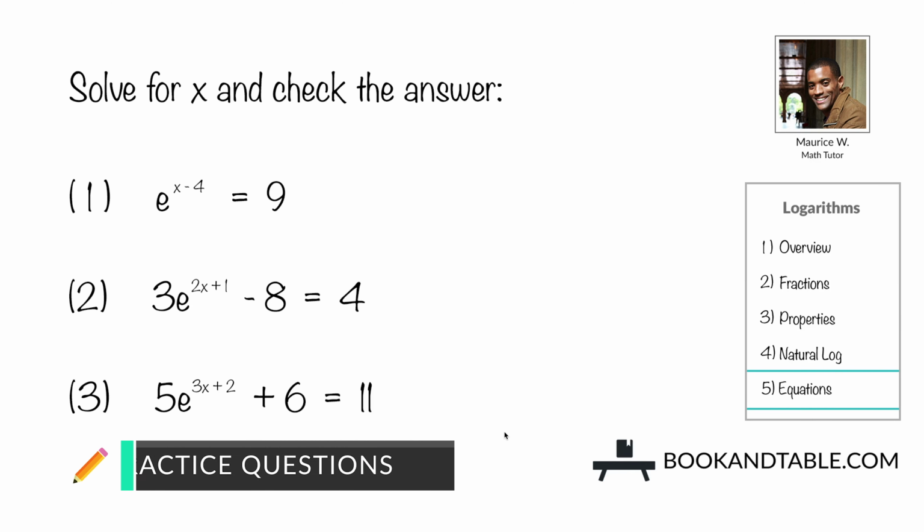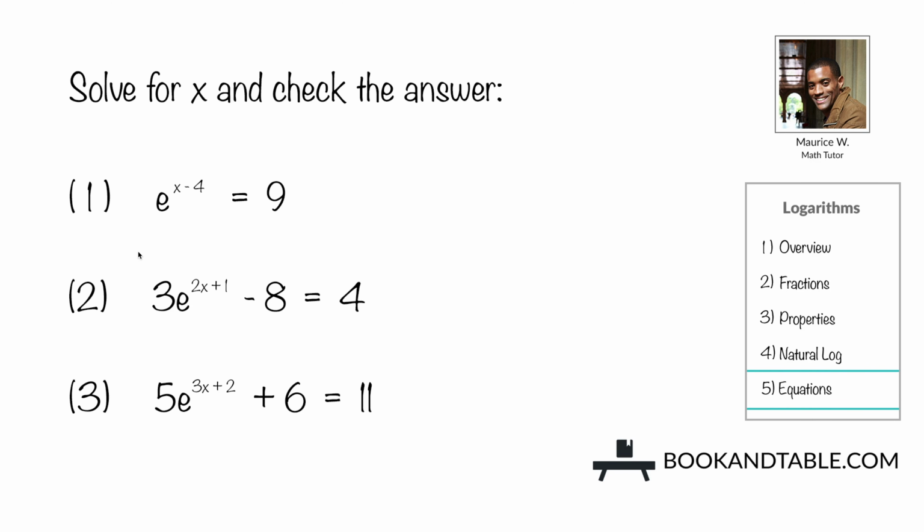Let's now have you try a few practice questions. Solve for x and check the answer. Question number 1. e to a power of x minus 4 is equal to 9. Question number 2. 3 times e to a power of 2x plus 1 minus 8 is equal to 4.